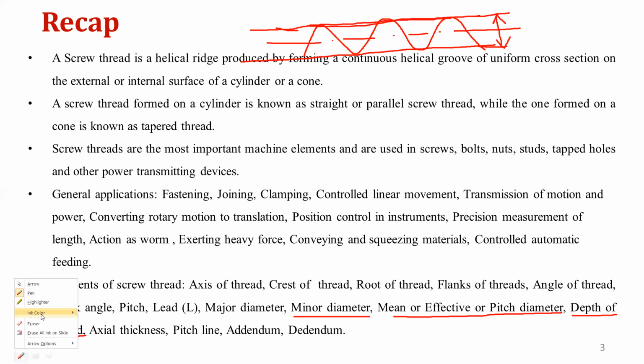And then we discussed the axial thickness. It is the distance between the two opposite flanks measured on the pitch line.